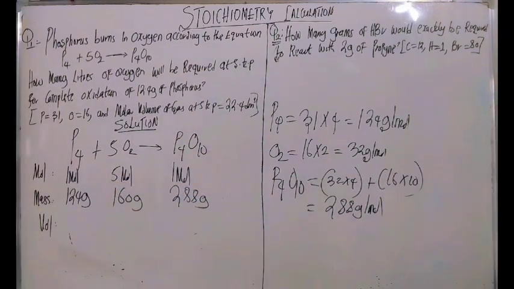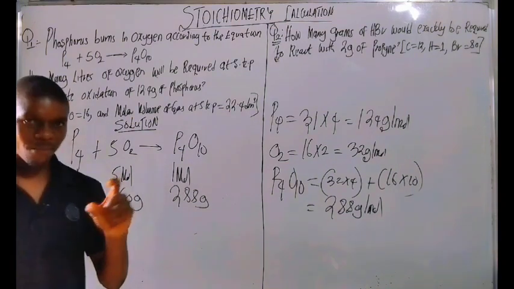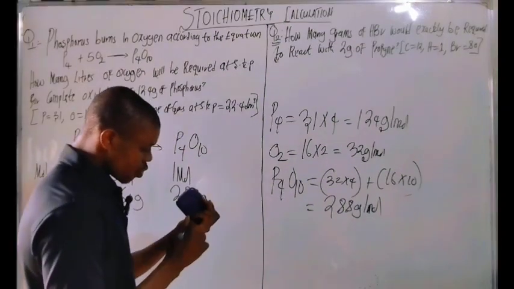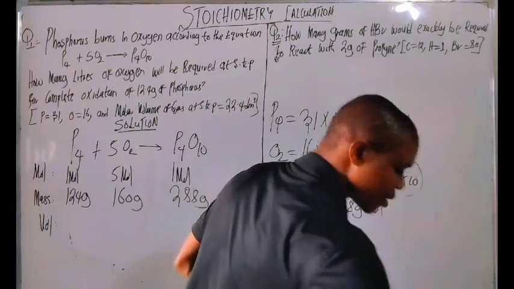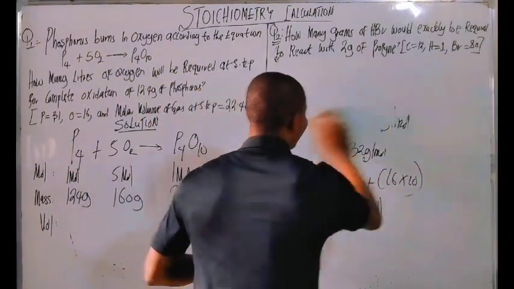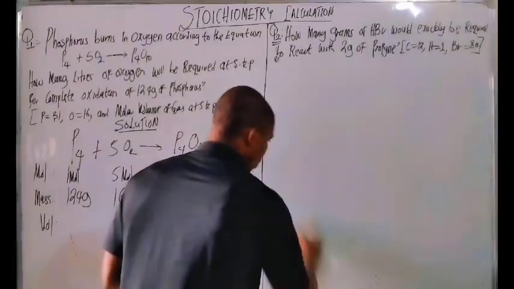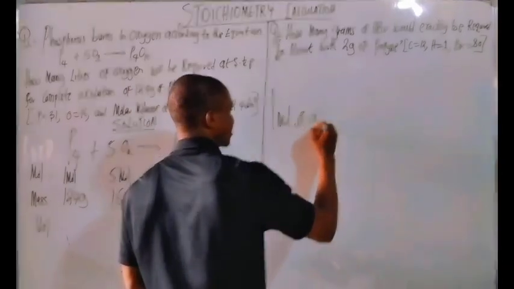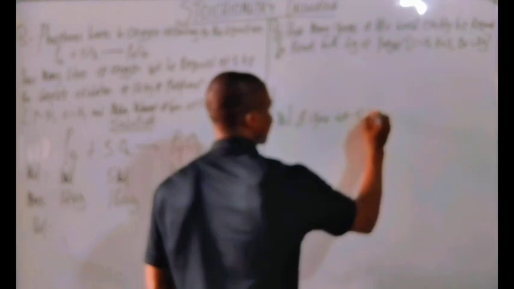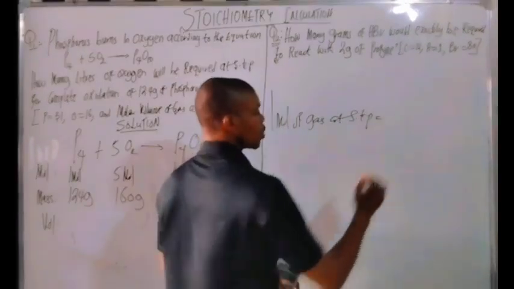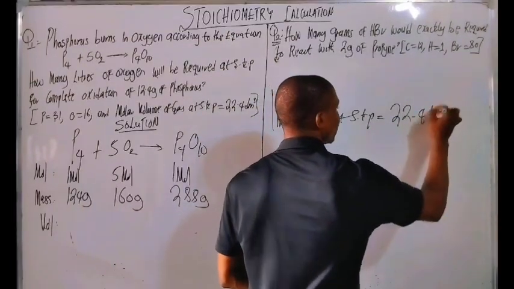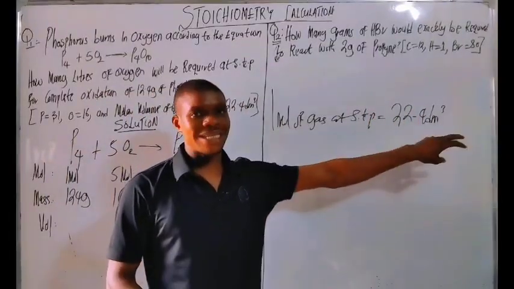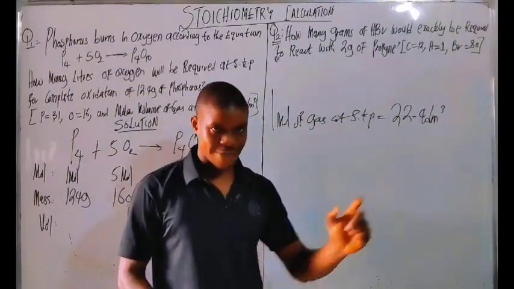Now, how do I get my volume? It's very easy. Understand that 1 mole of any gas at STP is always equal to what? 2.4 dm cube. Do you see that? 1 mole of gas at STP is always equal to 2.4 dm cube.